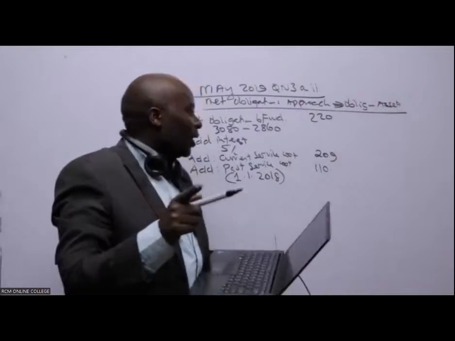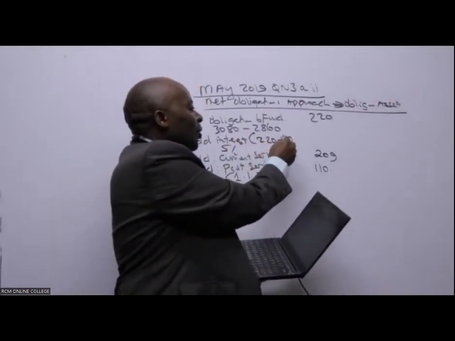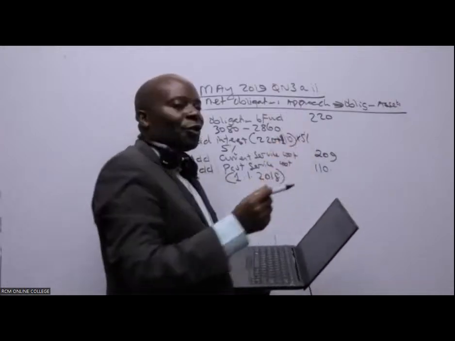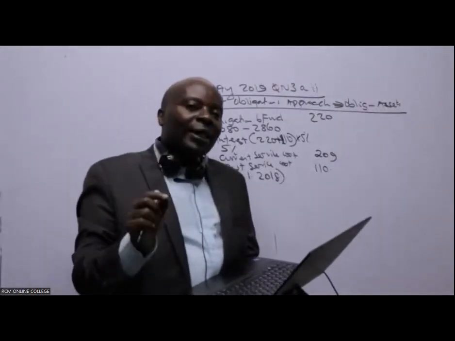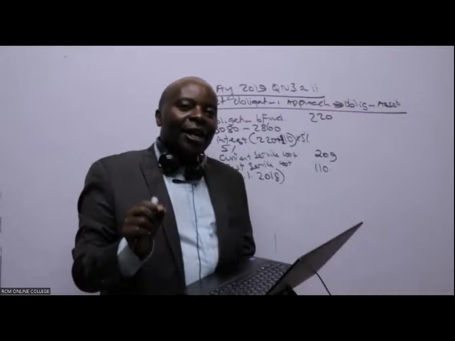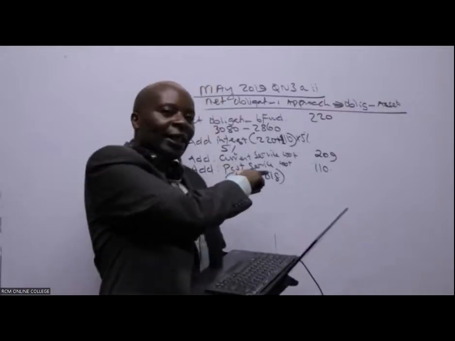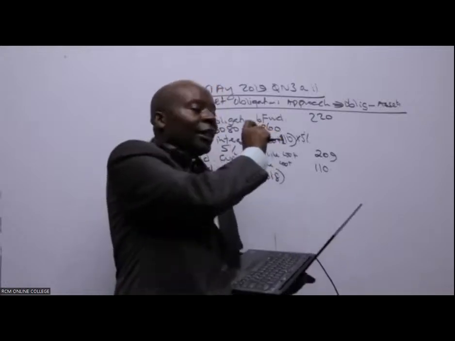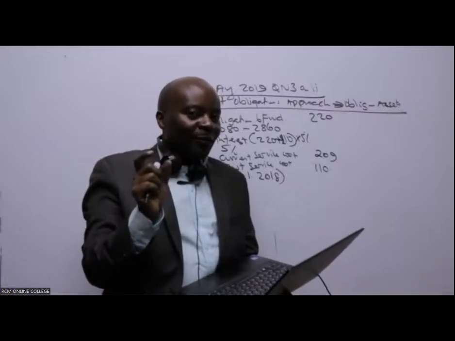So the interest here will be 220 plus this 110, times this 5%. For past service costs, you have to be very, very careful. Whenever you're told that the past service cost review was done at the beginning of the year, like now, 1st January 2018, then it must be put together with the opening net obligation for calculation of your interest.